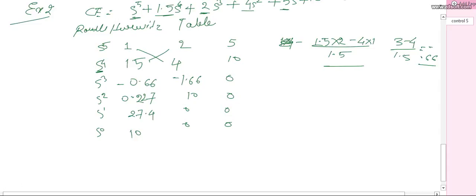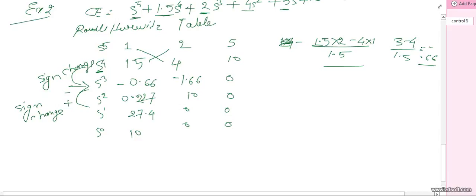So here you can see this is negative, so from here to here there is one sign change. Similarly, again from negative to positive, there is another sign change. So in total we have got two sign changes.